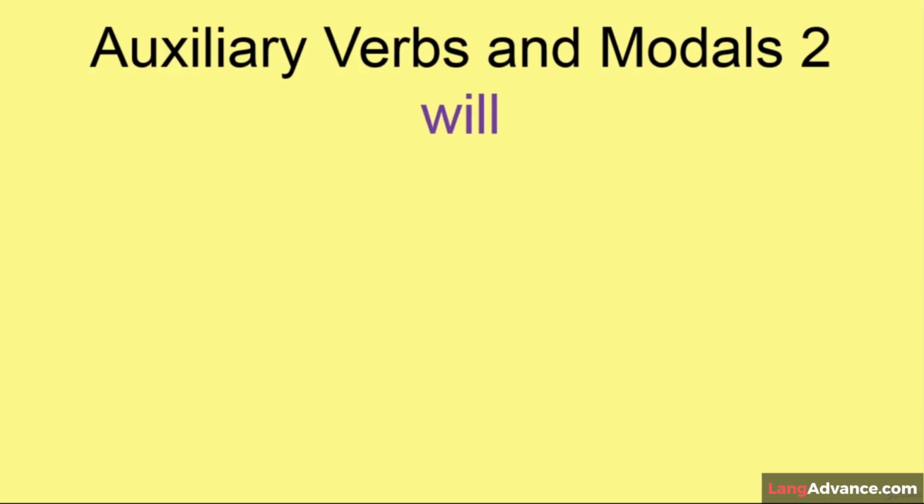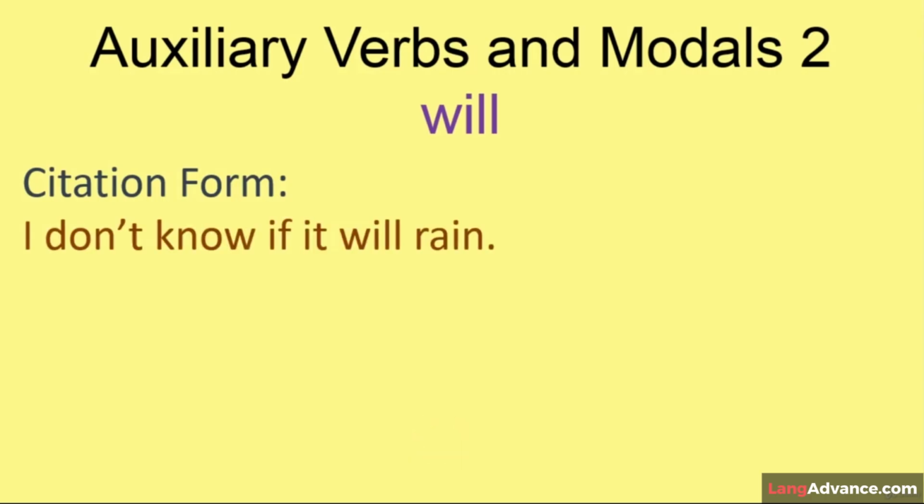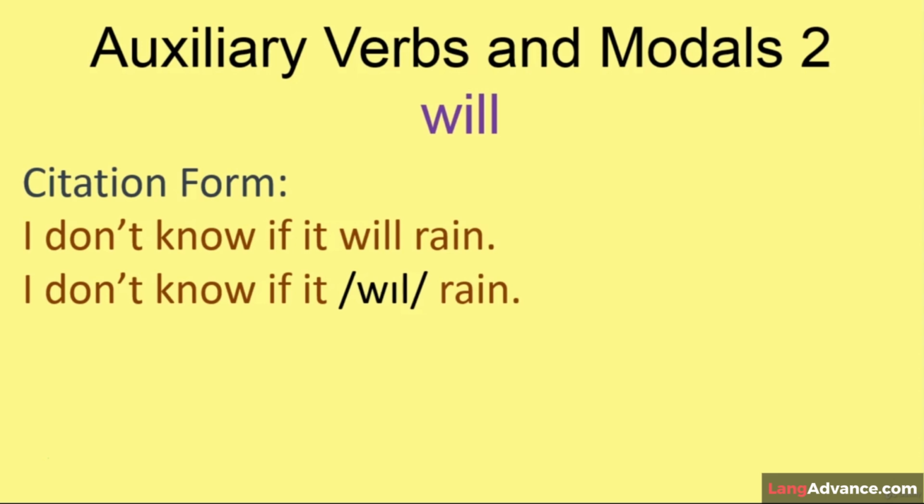Now let's look at the word will. We have a sentence, I don't know if it will rain. Okay, repeat. I don't know if it will rain. Will in IPA is spelled like this.